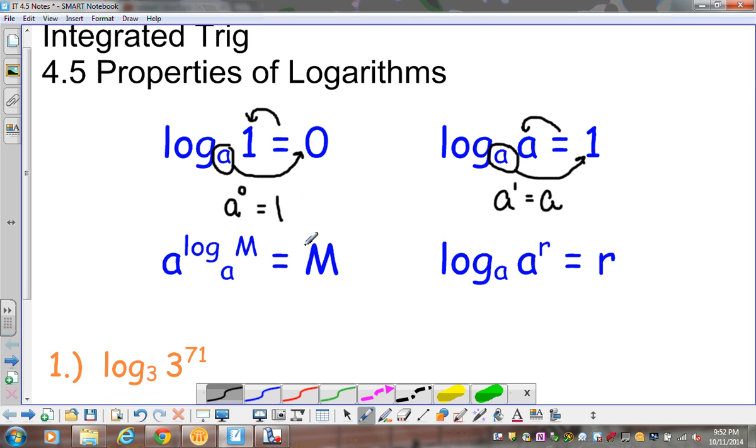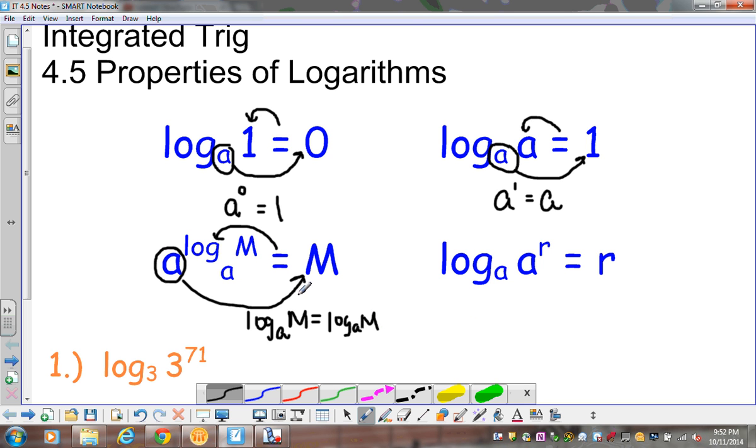The next one says a raised to the log base a of m equals m. In this case, it's in exponential form, so I want to convert it to logarithmic. It's going to be log base a of m equals log base a of m.